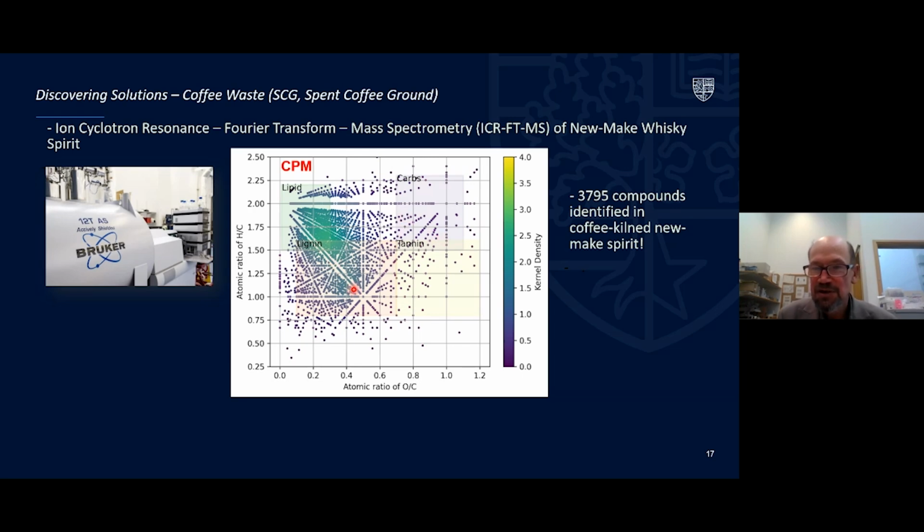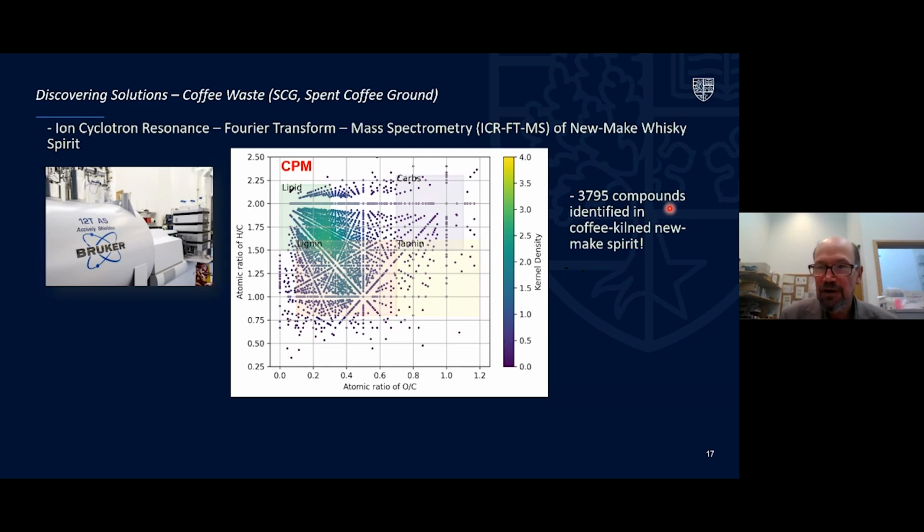Because we know that certain chemical groups will appear in certain regions of the plot, for example lipids over here, carbohydrates over here, lignins over here, we can get an overview of the chemical composition of the whiskey spirit in a way that no other technique can really deliver.